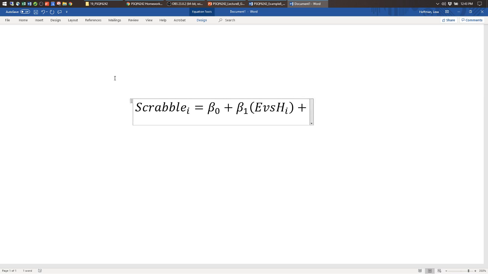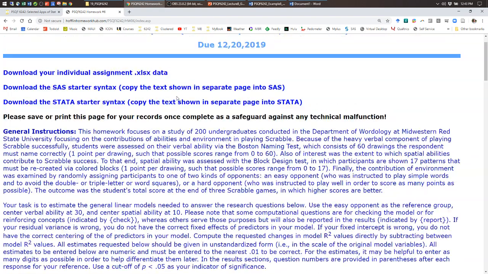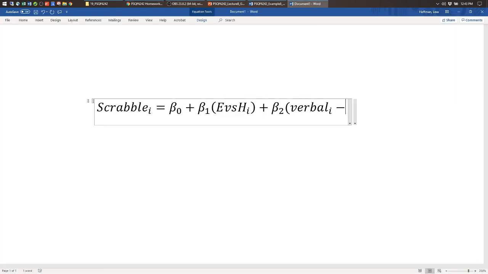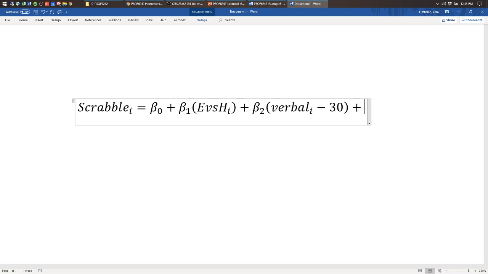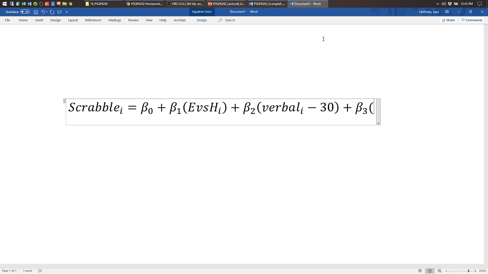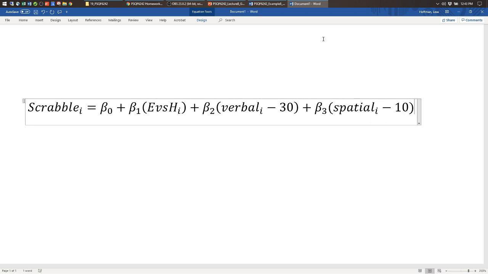And then we have beta 2 times verbal, centered at what in this story? 30, okay. So verbal i minus 30 plus beta 3 times spatial i minus 10, right? Okay. And so that's the first model.